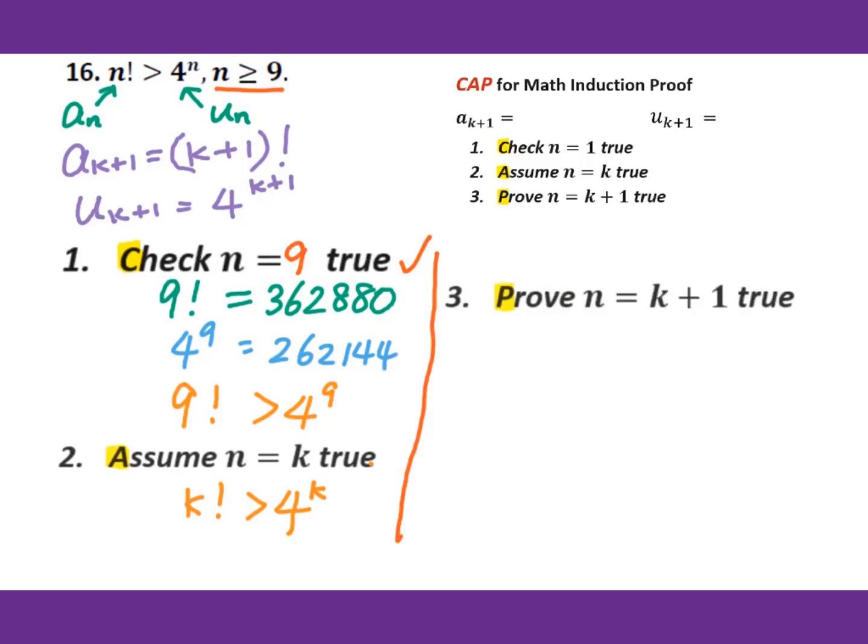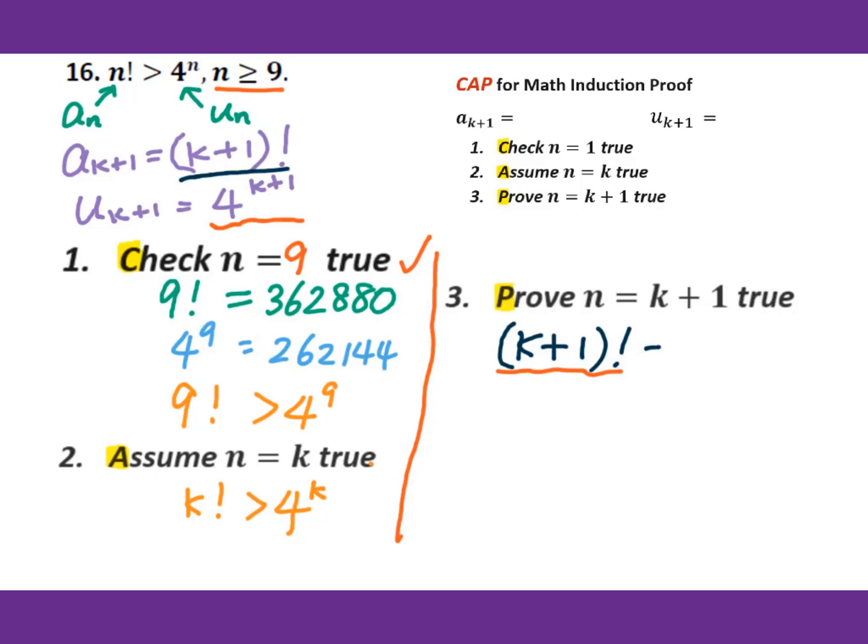Then we need to prove n equals k plus 1. Means k plus 1 factorial. We need to prove k plus 1 factorial greater than 4 to the k plus 1's power.